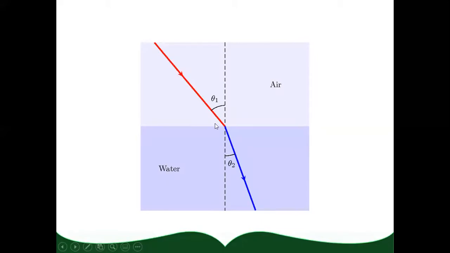The speed of light will decrease because water has a higher index of refraction and higher optical density. So when the optical density or the index of refraction is high, the speed of light will decrease. Since the speed of light decreases, you will see a change in the path of the light ray. This change in the path of the light ray causes the bending of light.